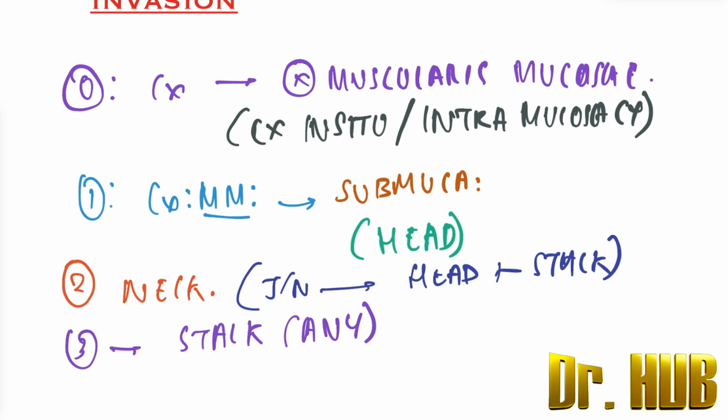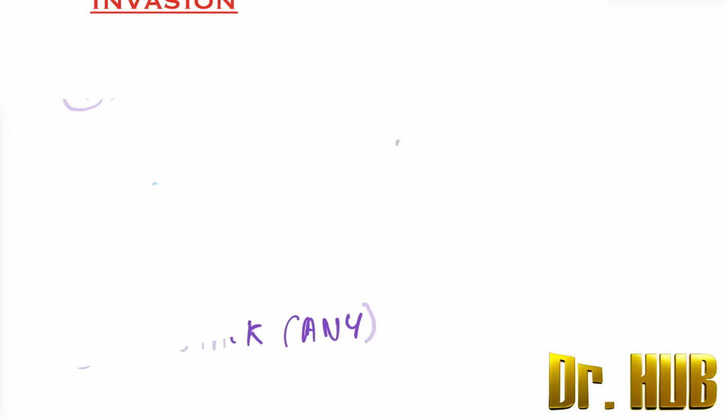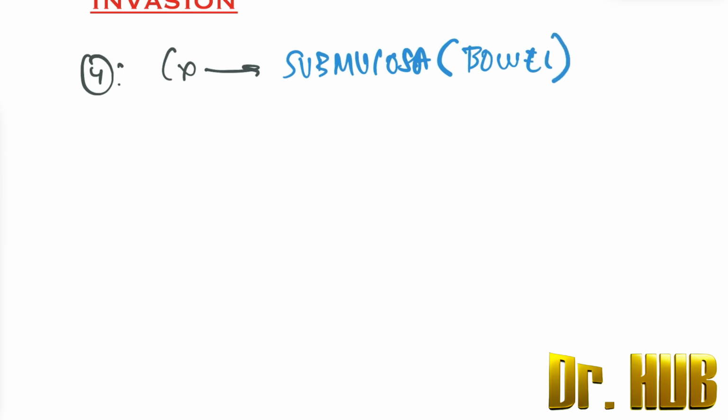Lastly, we move on to the grade 4. In terms of the grade 4, there is a carcinoma. This carcinoma invades into the submucosa of the bowel. So it is present in the submucosa of the bowel, and they are below the stalk of the polyp.